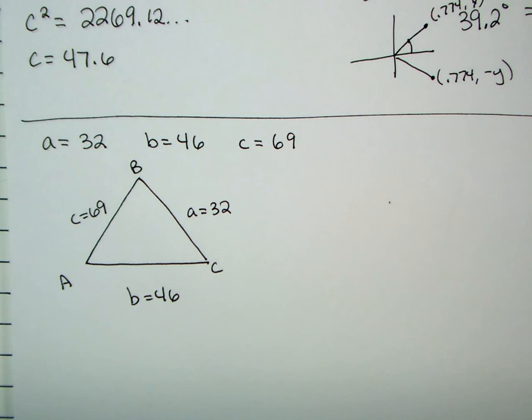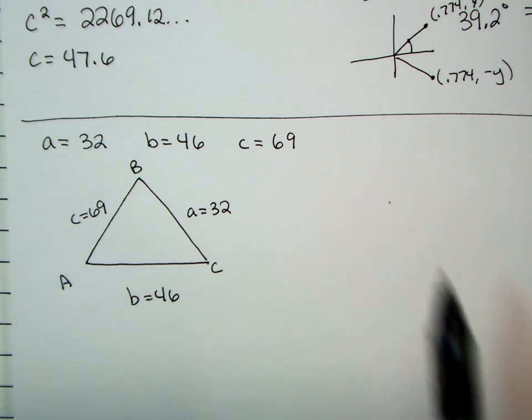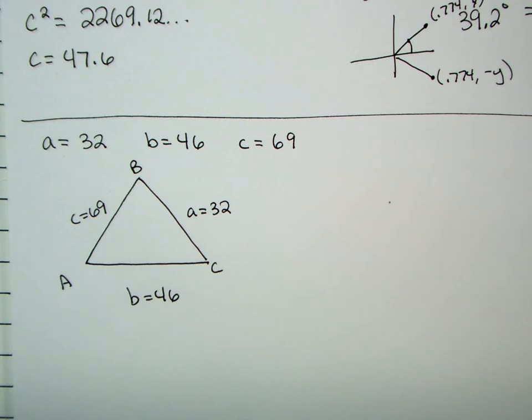All right, so since we're given all three sides and none of the angles, we can't use law of sines, but we could use any of the three law of cosines, any of them whatsoever. Right? We just need to start solving for one of them and then work on the other two.